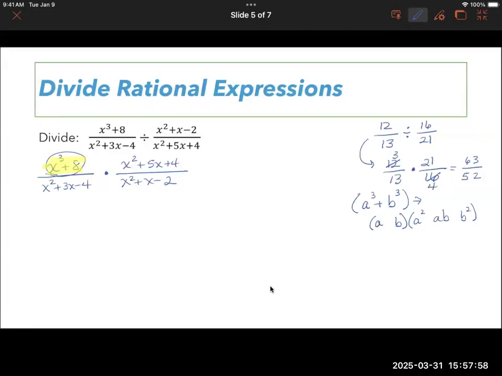Regardless of whether you have a cubed plus b cubed or a cubed minus b cubed, this is your first step. You will have a and b in the first parentheses as a binomial. You'll have a squared, ab, and b squared as the terms in the second parentheses, which is a trinomial. The difference between the sum and the difference of cubes is the signs that you put between them.